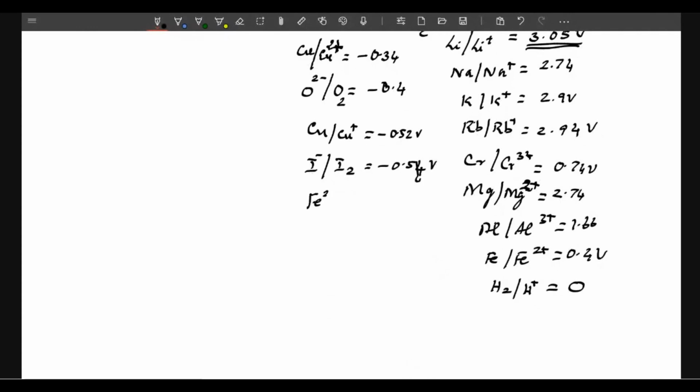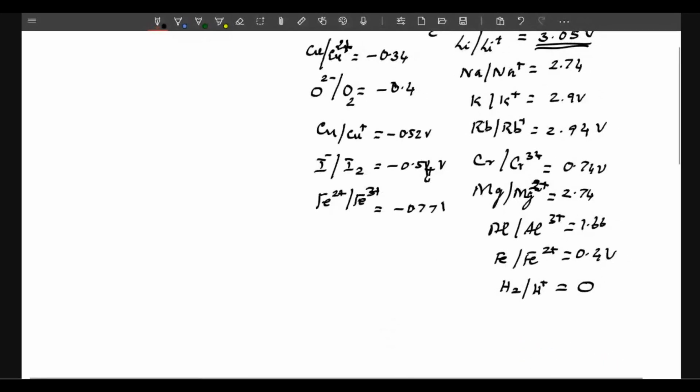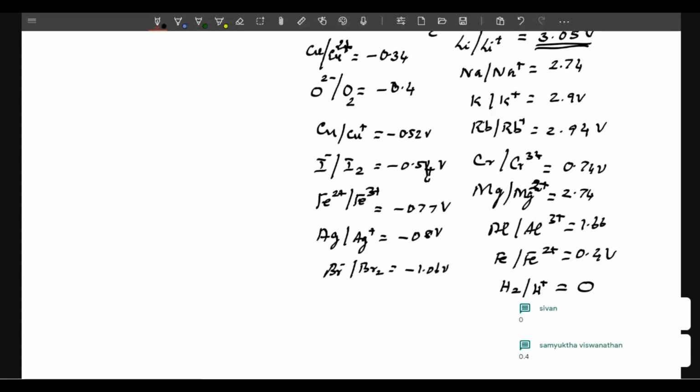Iron 2 plus and iron 3 plus is minus 0.77 volt. Silver and silver plus, minus 0.8 volt. Bromide and bromine, minus 1.06 volt.